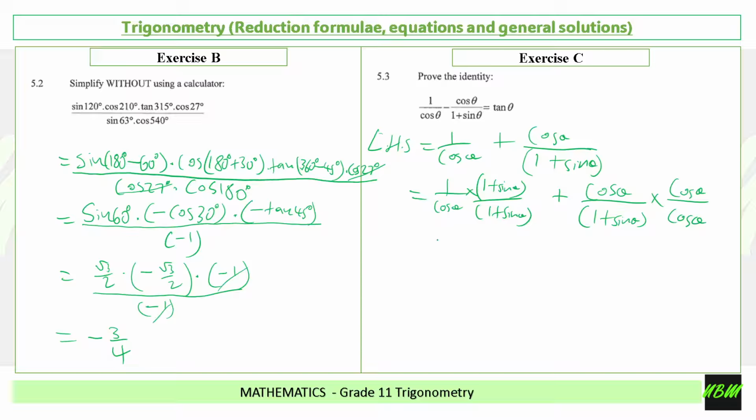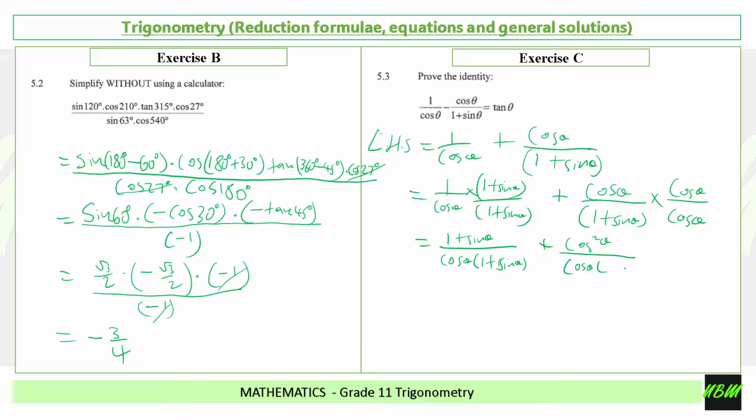This is how we get the same denominators. Equals, then 1 times 1 plus sine theta, 1 plus sine theta divided by cos theta times 1 plus sine theta, plus cos theta times cos theta, cos squared theta, all divided by 1 plus sine theta times cos theta.